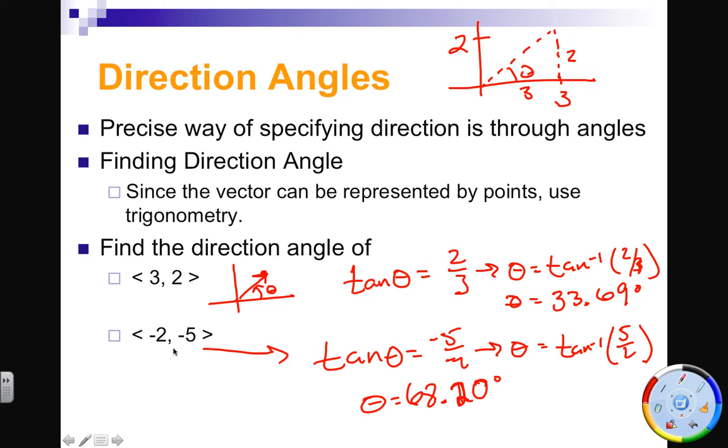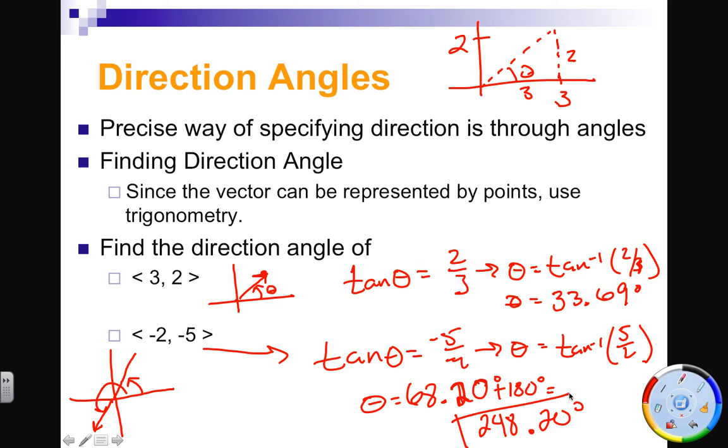However, this vector is in quadrant 3. So you got to remember your inverse rules. Here's 68 degrees. Here's the actual angle in question all the way around here. So you have to add 180 to get your actual answer, which is 248.20 degrees. So pay attention to the quadrants again, just like we did last chapter. Some of you guys are going to have nightmares because you didn't like it when we had it before.